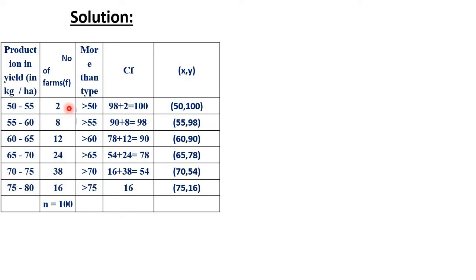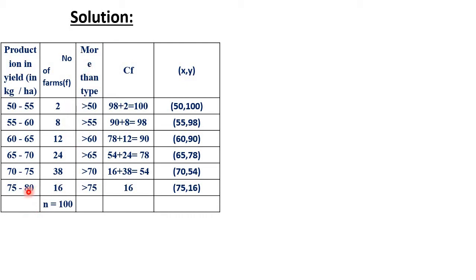Let us add all these farms, which gives N equal to 100, the total frequency. And here 50, 55, 60, 65, 70, 75 are the lower limits of the class intervals. Here we have to prepare the more than type of ogive for the given data.